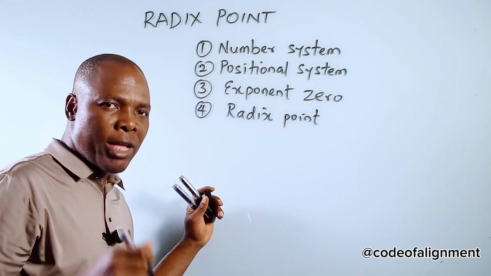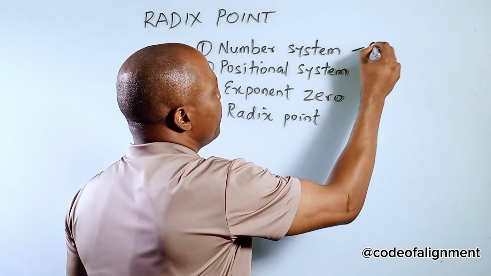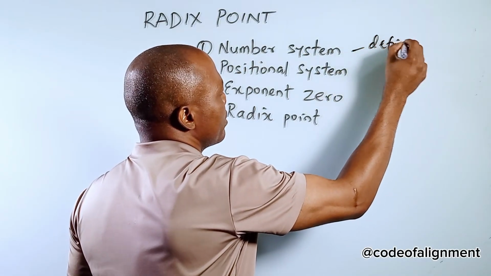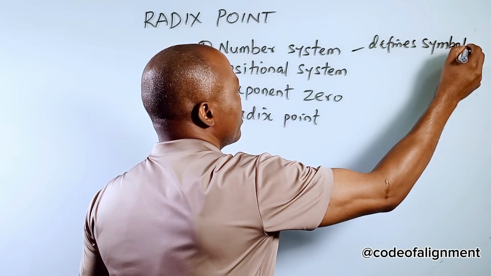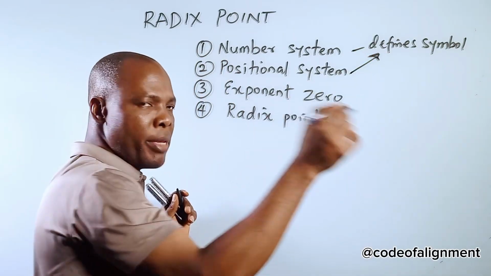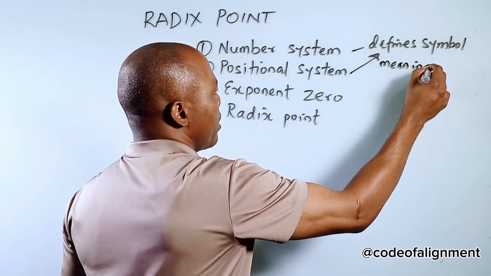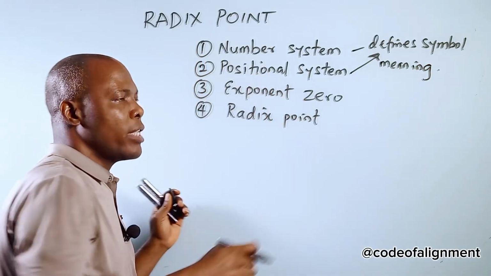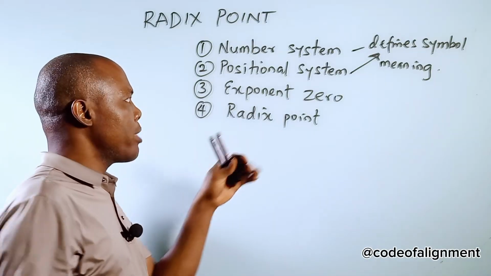Now, what we have said so far is that number system defines symbols, and then the positional system gives meaning to these symbols. When position enters into a system, mathematics becomes structural. That's what we have said.